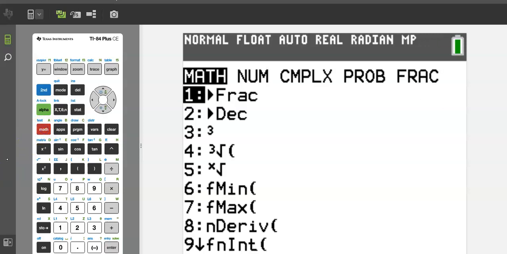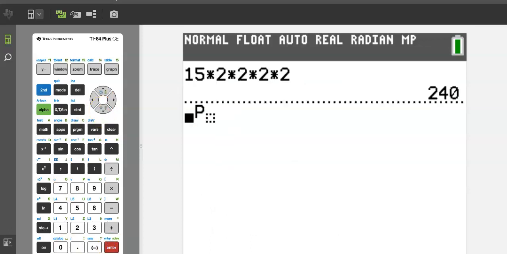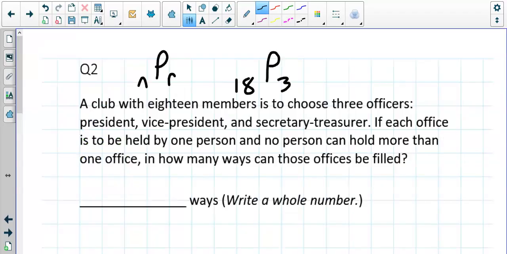And you're going to scroll over to probability. And nPr is number 2. So you scroll down to it. And then now you just fill in your blanks. So we've got 18 nPr 3. And that's how many different ways we can fill those offices. 4,896. And there you go.